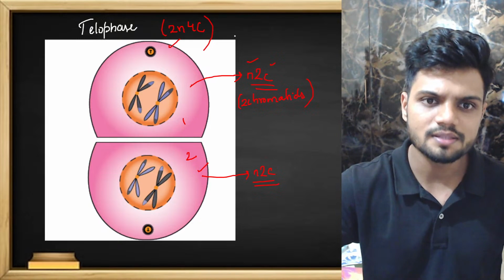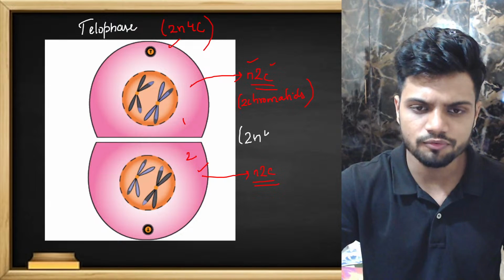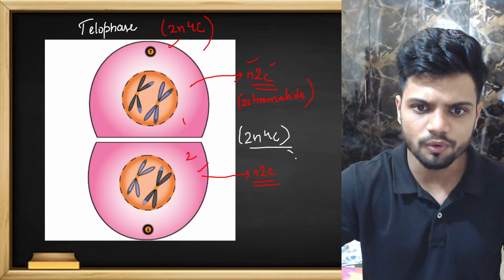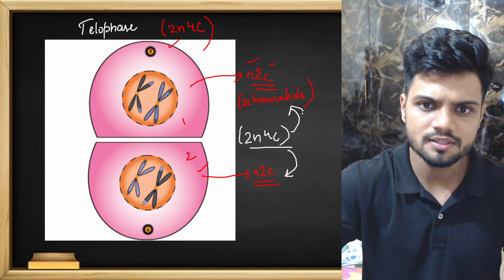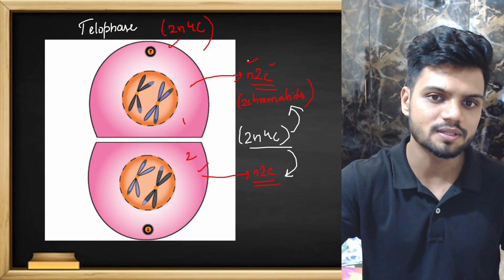Now students, the cell is dividing into two. Out of this 2n and 4c, half is going this side, half is going this side.